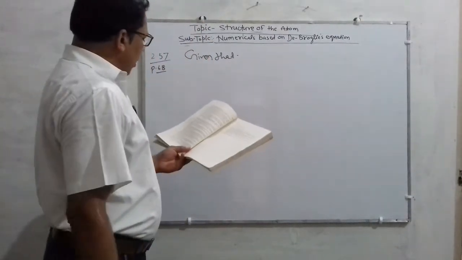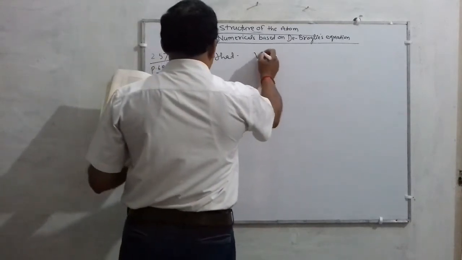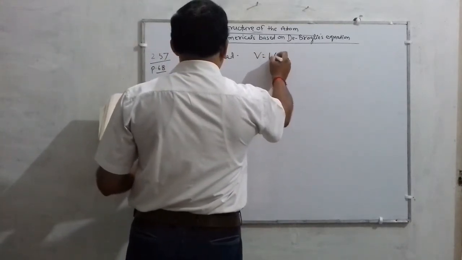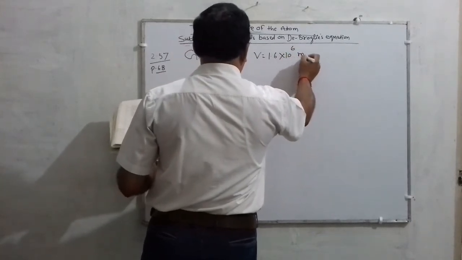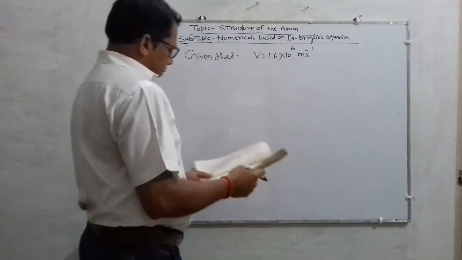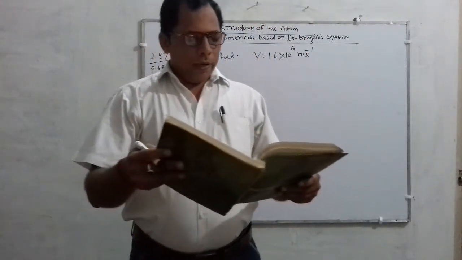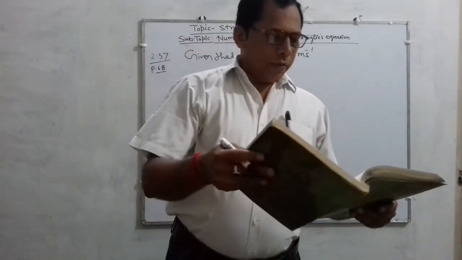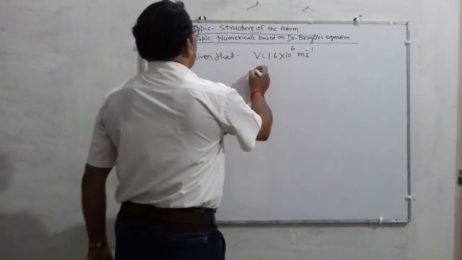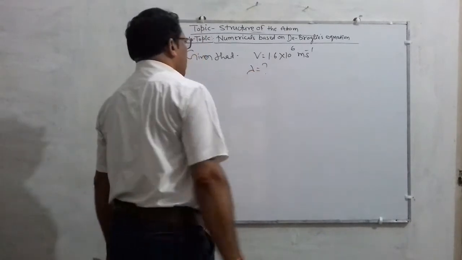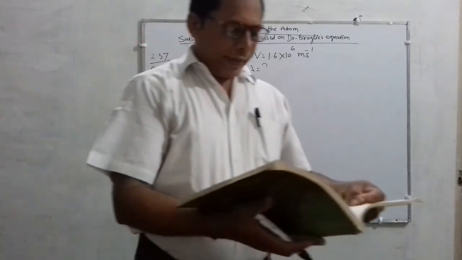So according to the question, the velocity is given. V is 1.6 into 10 to the power 6 meter per second. Then calculate the de Broglie wavelength associated with this electron. Okay, similar question. Lambda is asked, and the moving particle is an electron.